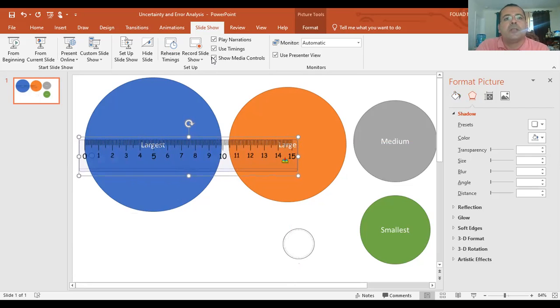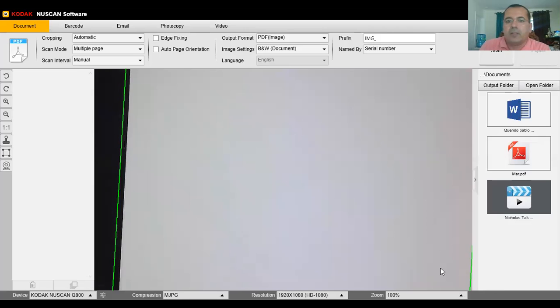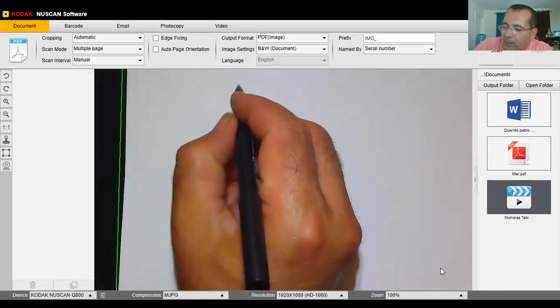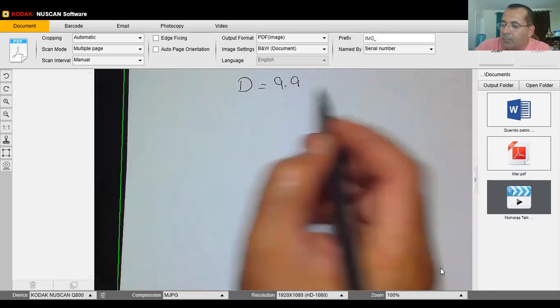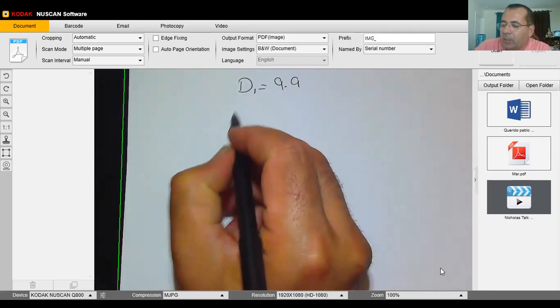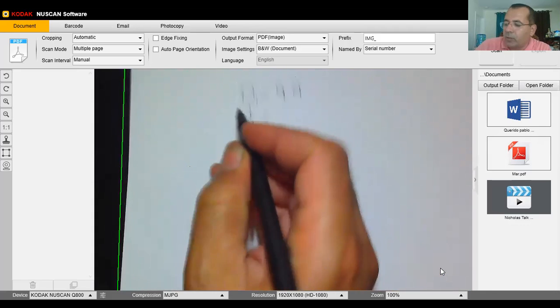This is the diameter. I will record now that the diameter is D equals 9.9. But this is D1, by the way. I will take D2, then I will take D3.